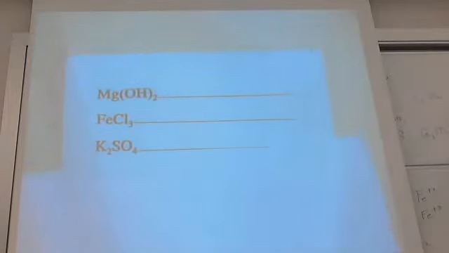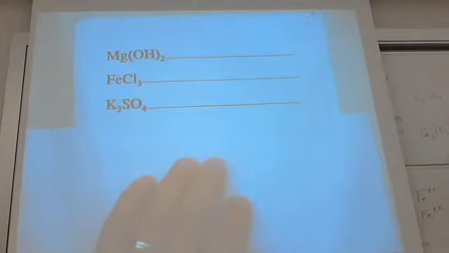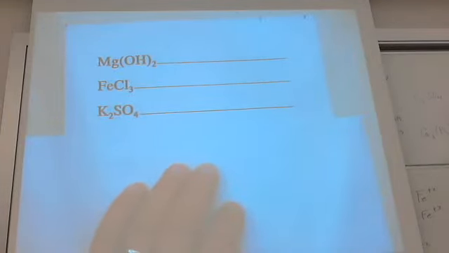So how about we try about 3 of these? Now, if you have to, use your polyatomic ion sheet, or if you have your textbook, page 129, or copy from the person next to you if it's polyatomic, and see if you can come up with the correct names for these compounds.